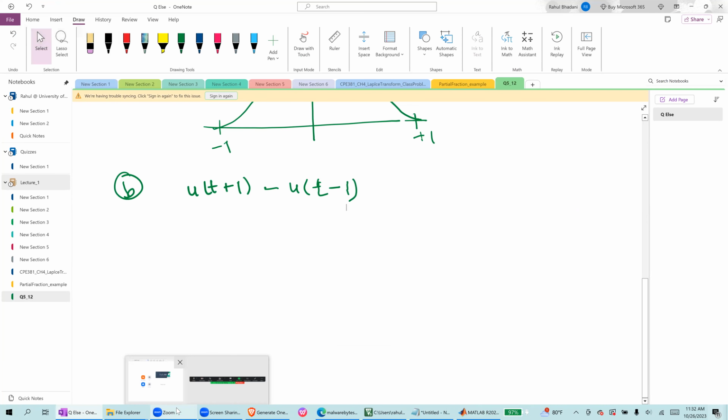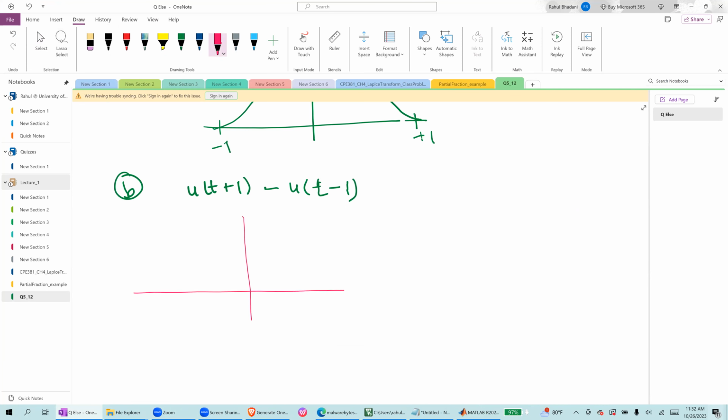How will you plot this one? It's better to plot to understand what it looks like. We have u of t plus 1, which will be shifted towards the left by 1 unit.